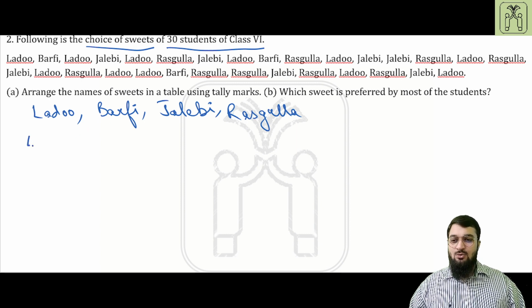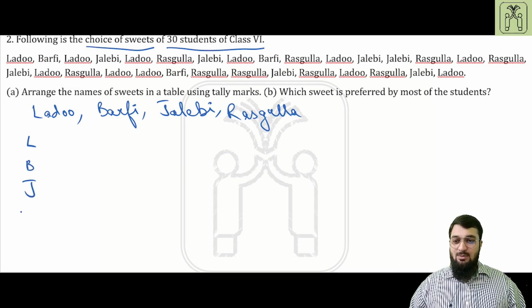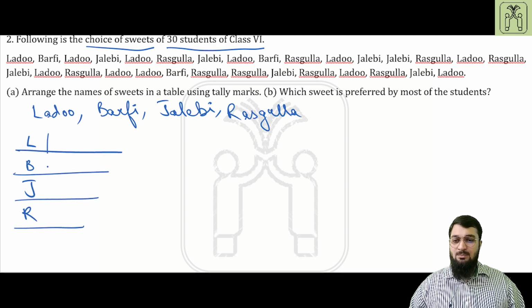So what we'll do, we'll just make an organizing table or tabular data: laddu, barfi, jalebi, and rasgulla, and we'll just make a line. After that, we'll make the number of votes that each one has gotten.